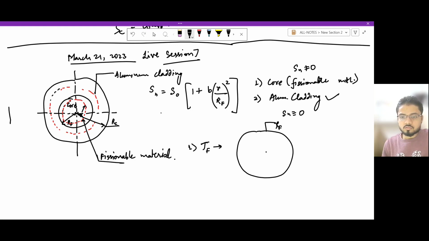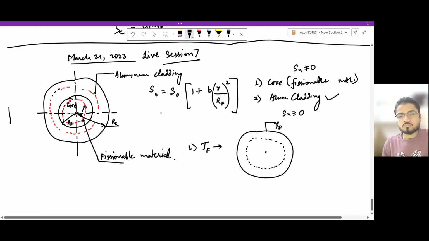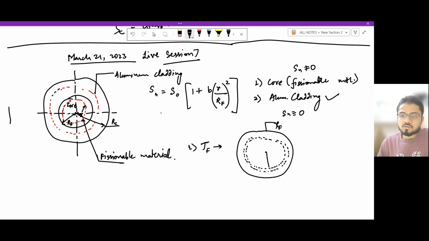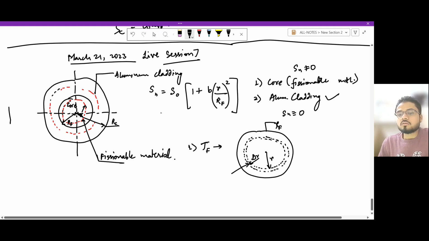And let's call this radius R, and let's call this thickness delta R. So this is our control volume.